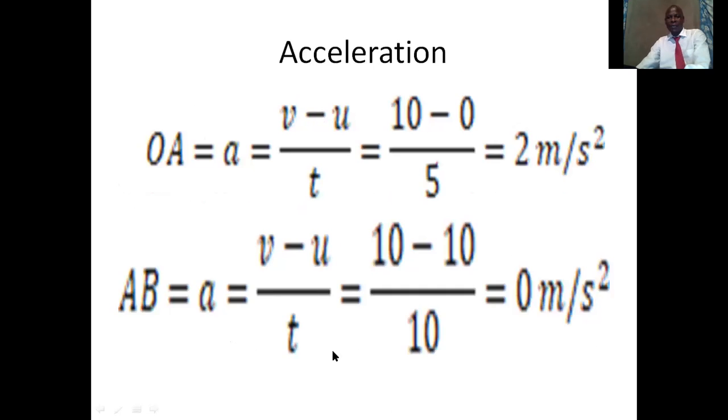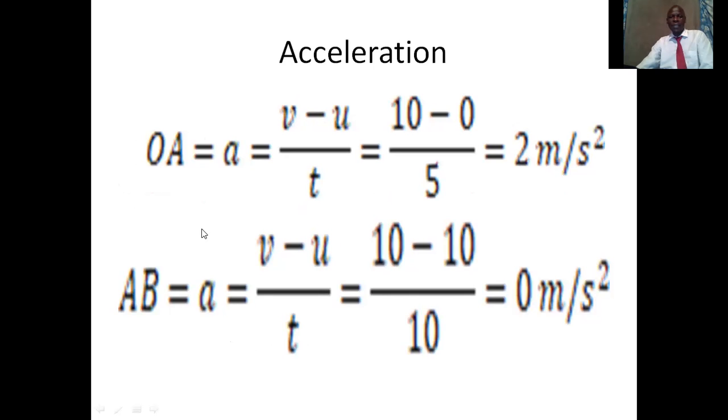And therefore, it gives us 10 over 5, which is 2 meters per second squared, meaning that we have calculated the acceleration between 0 and A.